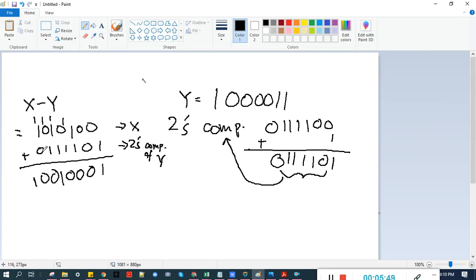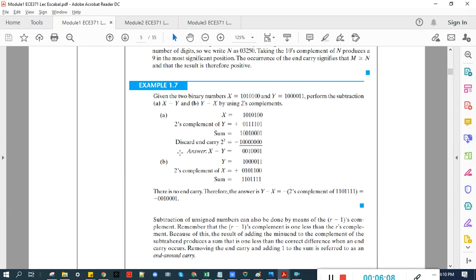The original digits are 7 binary digits, and we have 1 extra bit from the result of the addition of x and the 2's complement of y.